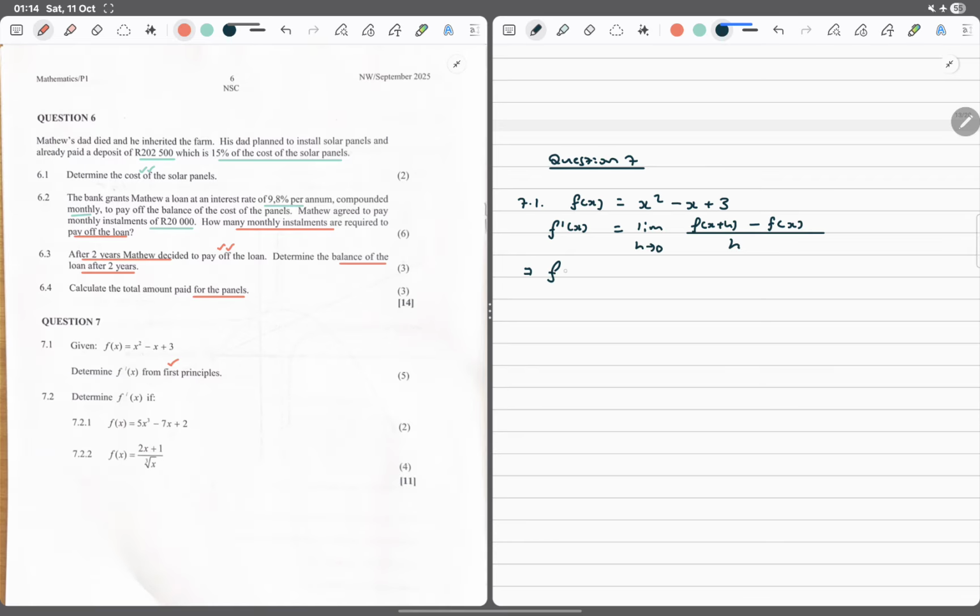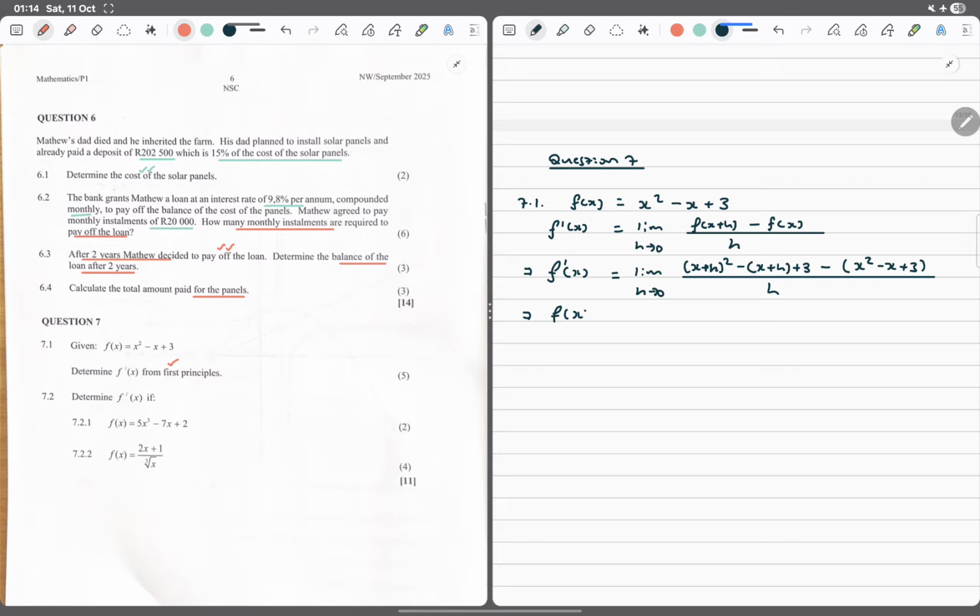So this implies that our f prime is the limit as h tends to 0. Now we substitute. Where we see x, we put x plus h all squared minus x plus h plus 3 minus the entire f of x all divided by h.